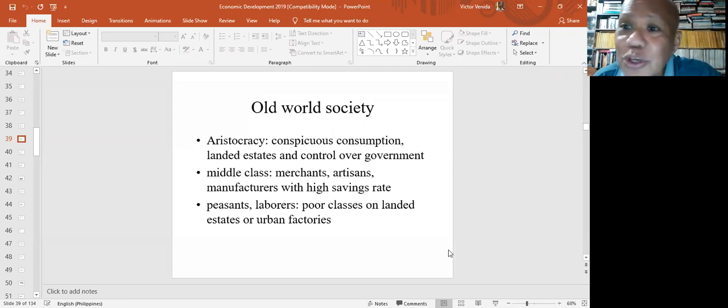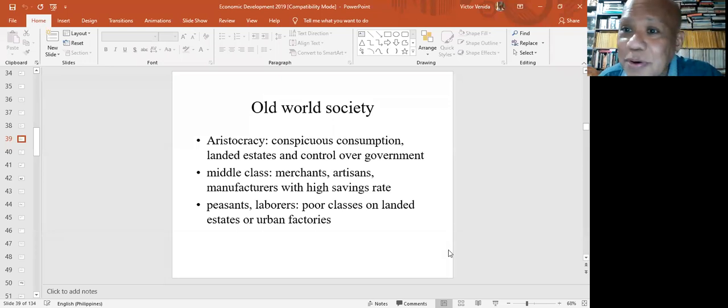Okay. And then you also have the laborers. Laborers are paid a wage. They usually are in the cities and towns, and they are hired by the business people, okay, with low wages as always.